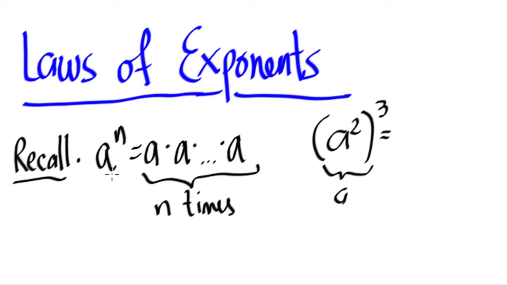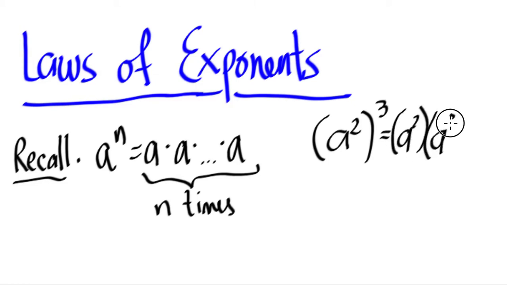So we're going to multiply this a 3 times. This will look like a squared times a squared times a squared. So I hope you got what I mean here.